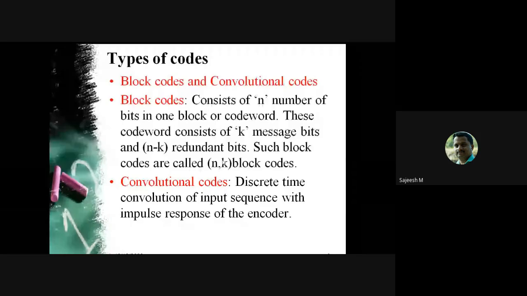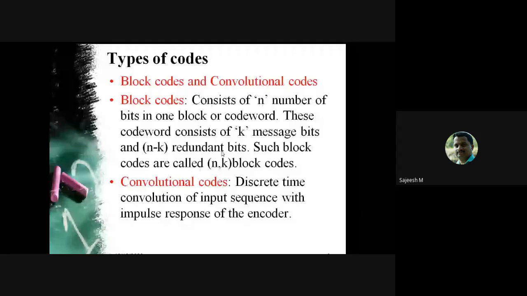Here we are adding redundant bits, extra bits, check bits: n minus k extra bits. That is about the block code. We take k message bits, and corresponding to those k message bits we generate an n-bit code word by adding n minus k redundant bits.